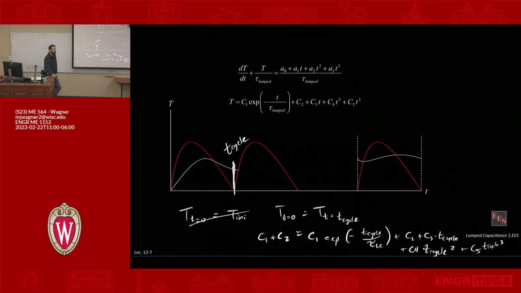I guess, how do you know that it exists, that in this pseudo-steady state it's going to come to a point where T initial is equal to T end? Because we're forcing that to be true. With this equation, we're forcing it to solve for C1 such that my temperature at time equals 0, whatever that is, has to equal the temperature at the end of the cycle.